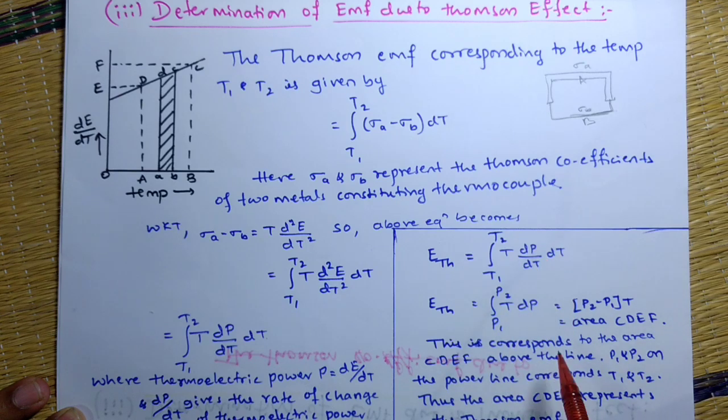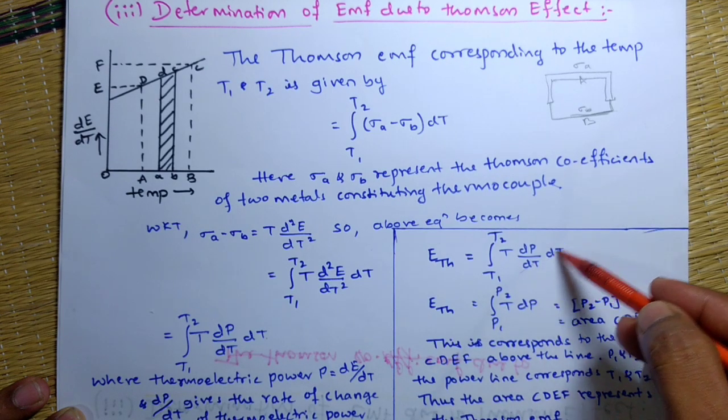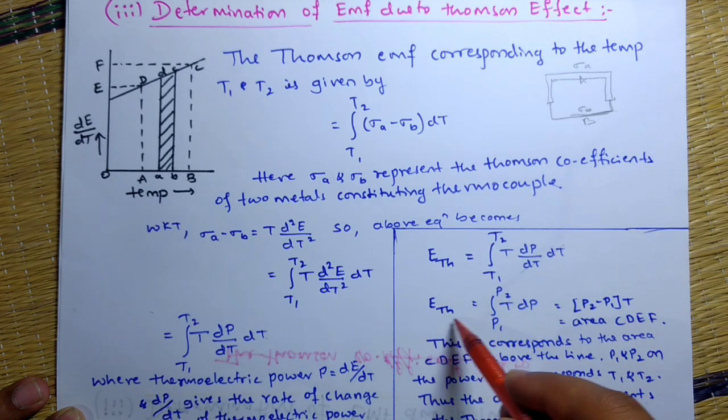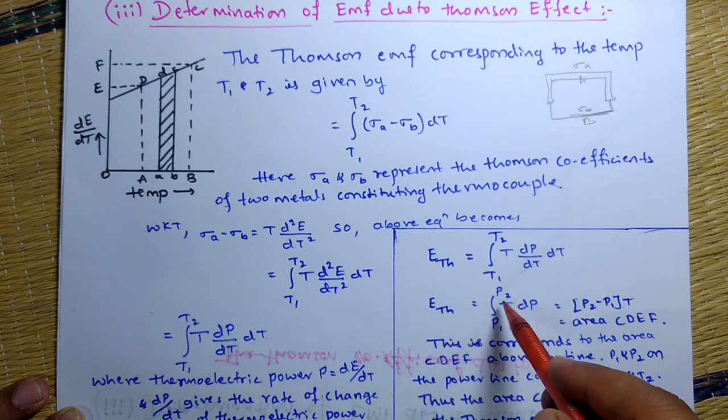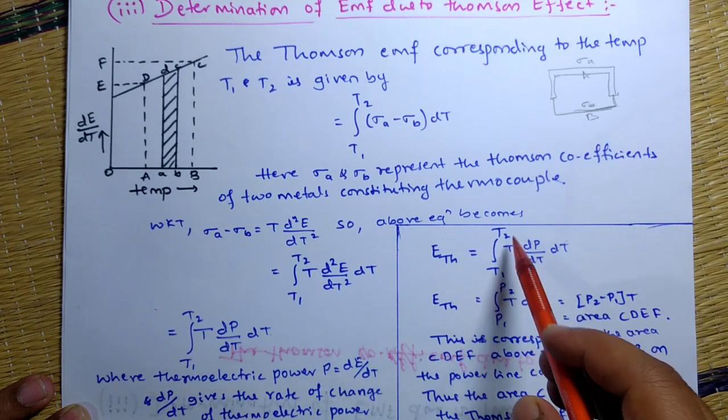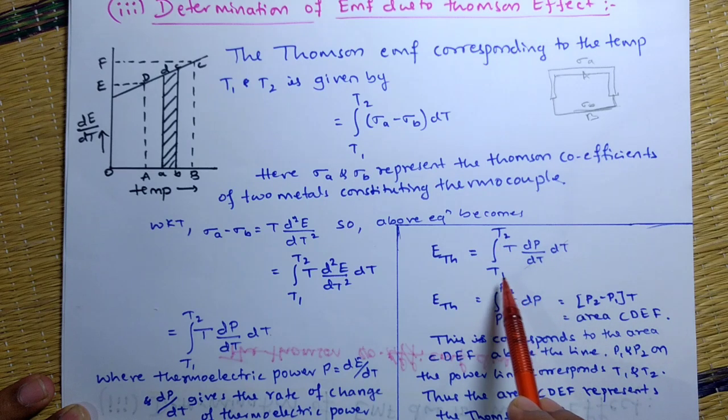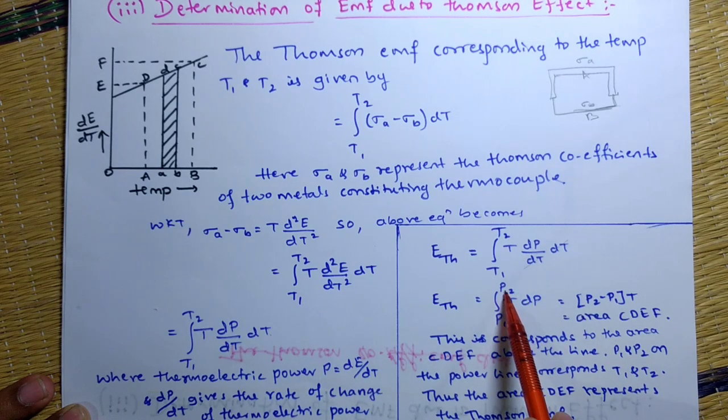So this dT gets cancelled, then E Thomson, the EMF due to the Thomson effect, is equal to the integral from P1 to P2. We are going to change the limits from temperature to thermoelectric power, P1 to P2, of T into dP.